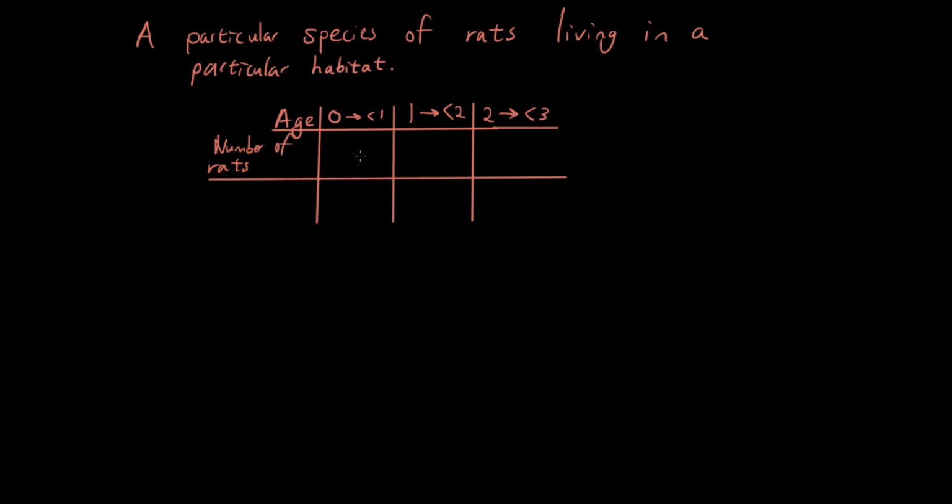Let's say there are 80 rats between 0 to 1 years old, 40 rats between 1 and 2 years old, and 60 rats between 2 and 3 years old.